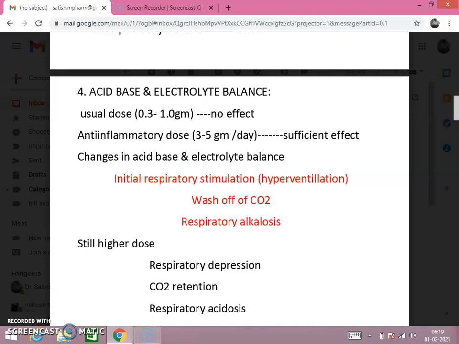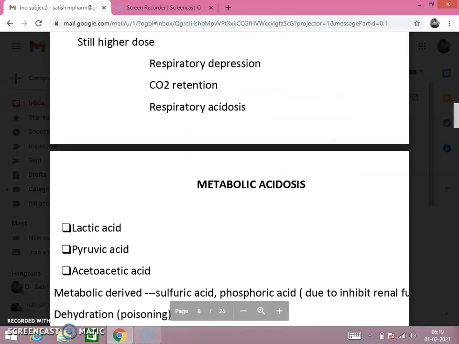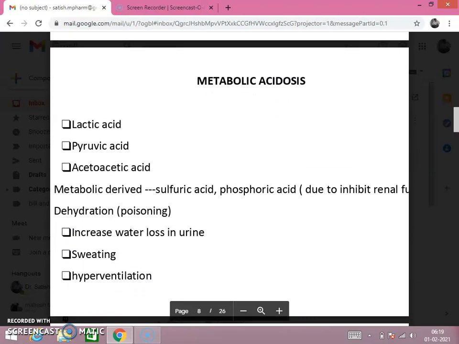Still higher doses cause respiratory depression. Because of this, carbon dioxide retention can be seen and respiratory acidosis can be observed. So initially respiratory alkalosis was seen, and further, because of respiratory depression, carbon dioxide retention and respiratory acidosis can be observed. It also causes metabolic acidosis, because anaerobic metabolism, either glycolysis, will happen.